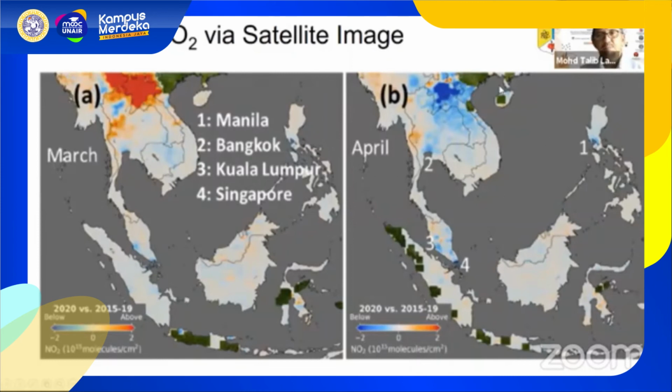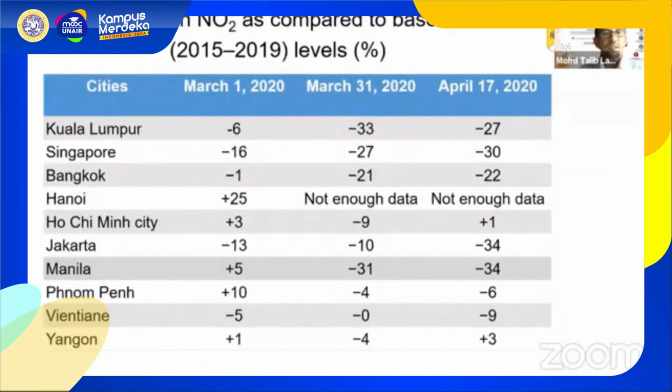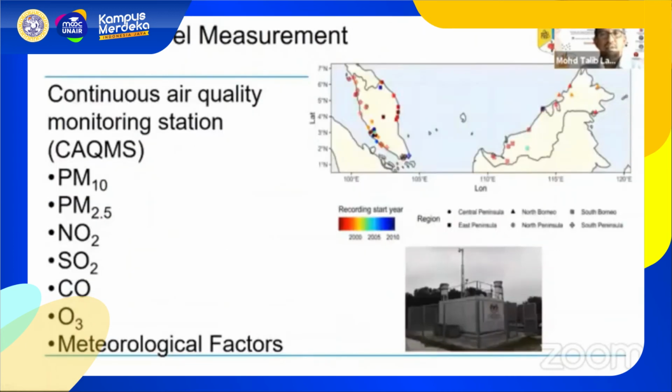In April, you can see the blue color compared to the green and the orange color over here, which indicates the level of NO2. The level of NO2 reduced during the lockdown. Changes in NO2 based on the satellite are negative, meaning the level of air pollutants reduced due to the lockdown.